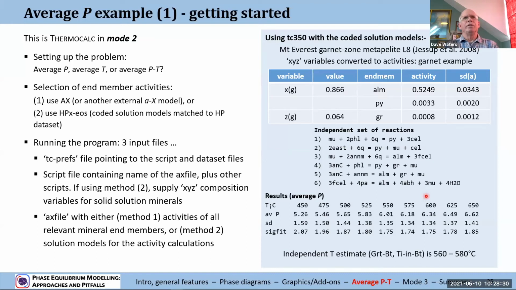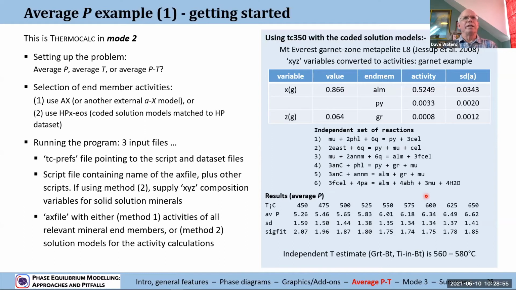The script file will contain either the name of the activity file you want to use. If you're using AX, it actually contains those activities themselves. If you're using method 2, you supply the XYZ composition variables in the script file, and then it goes to the XEOS to find the solution models that those refer to.